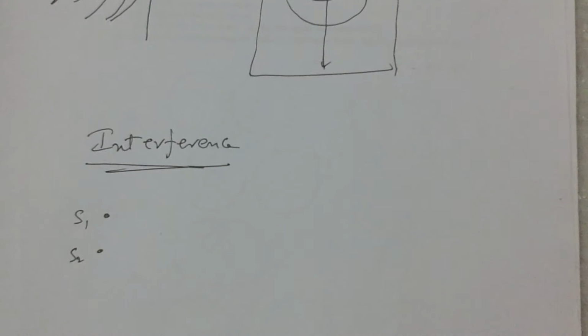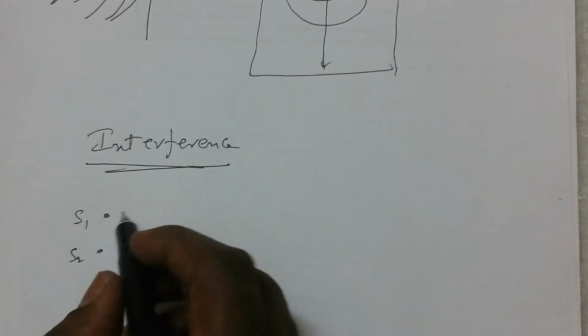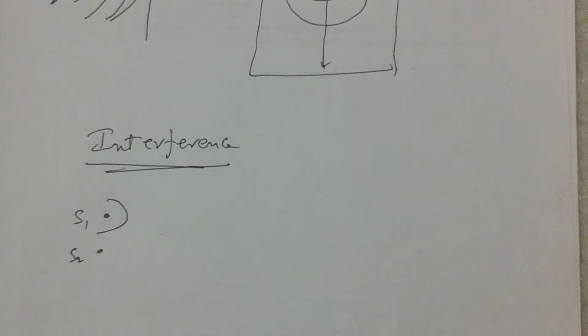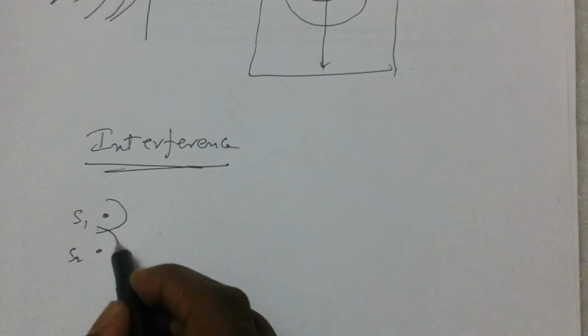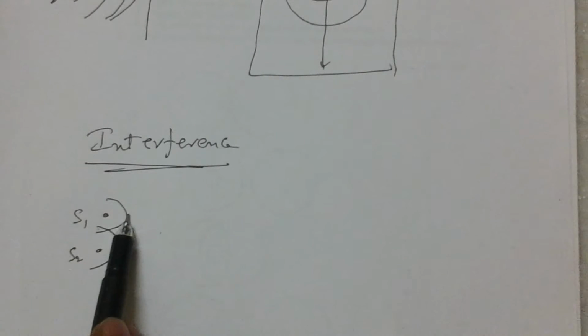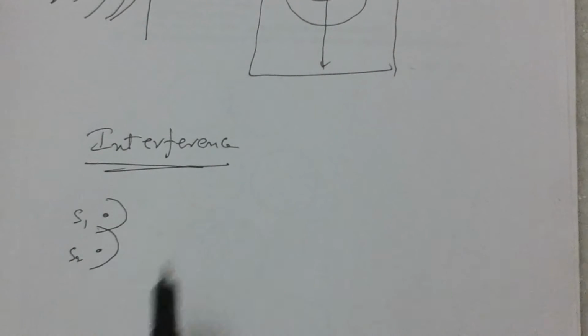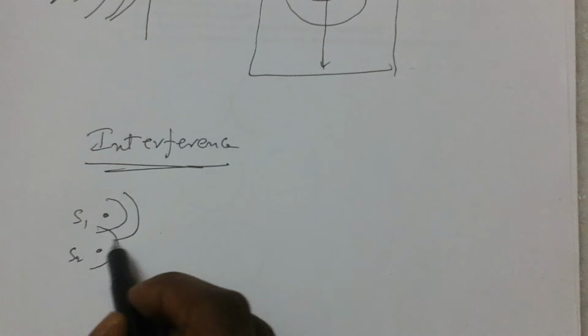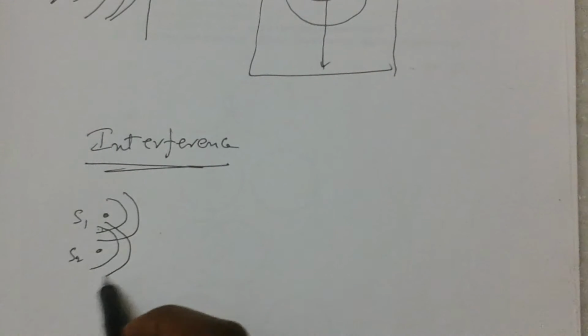If these two sources are coherent, then automatically what happens? From the first source, a spherical wavefront is coming. From the second source, another wavefront is coming, like this. First wavefront and second wavefront. Again, another wavefront from each.